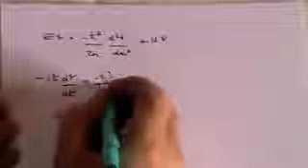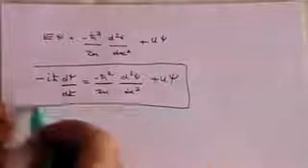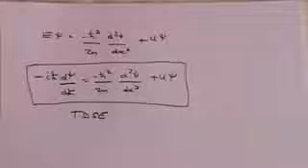If we substitute what we just found, that E psi is the same as i h bar d psi by dt, that equals minus h bar squared over 2m d2 psi by dx squared plus U psi. And that is the time-dependent Schrodinger equation. And that's all there is to it.